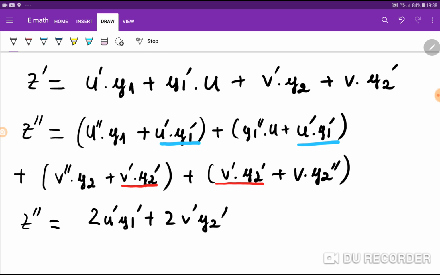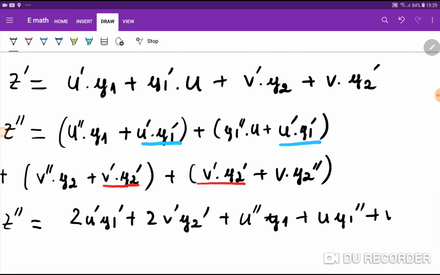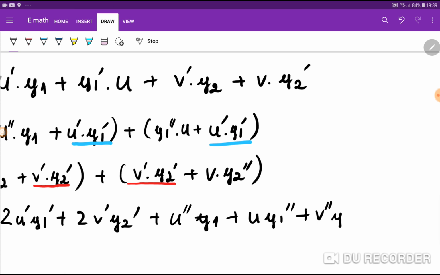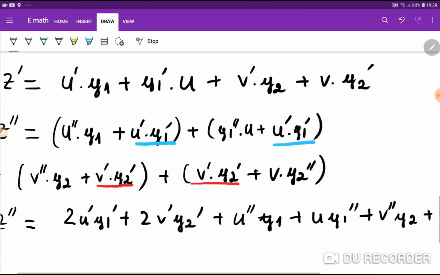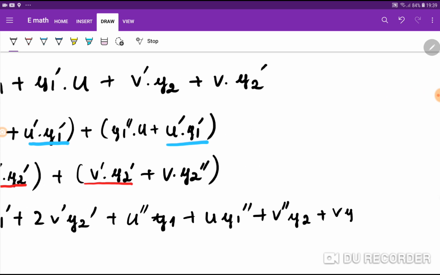Is there any other group I can do? Unfortunately not. So I'm going to write the rest of the terms down: u y1'' plus v y2''.